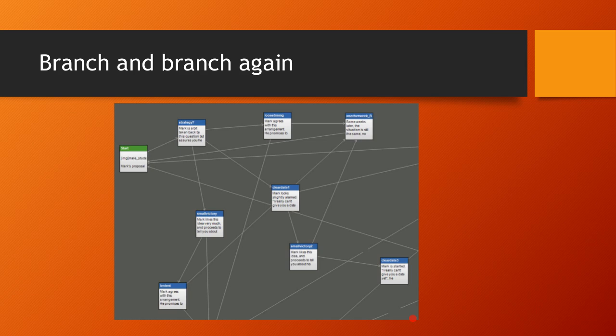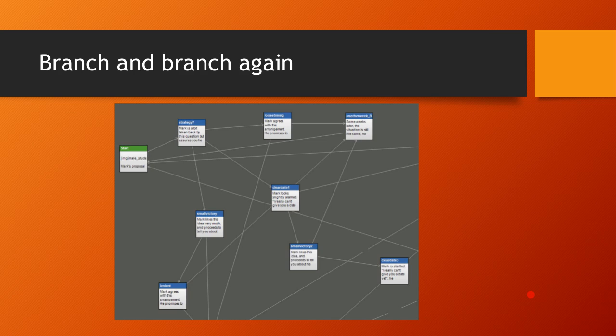And if you think a lesson is complicated, this is just a part of what my Twine structure looked like. I had loads and loads of consequences, and I did the same thing with the Prince Martin stories.